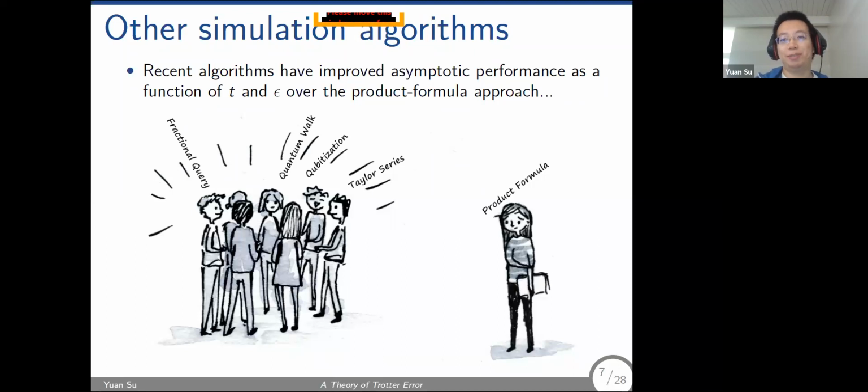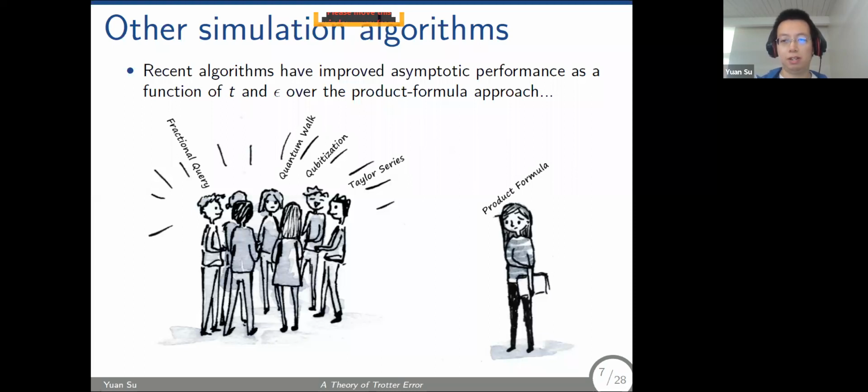Product formula is also in this picture, but she doesn't look very happy because somehow it turns out that these more recent quantum simulation algorithms have better asymptotic scaling as a function of evolution time and the accuracy over product formulas. So many people, especially people working on the theoretical side of quantum simulation, have been in recent years trying to understand these more advanced quantum simulation algorithms instead of product formulas because they have better asymptotic scaling.